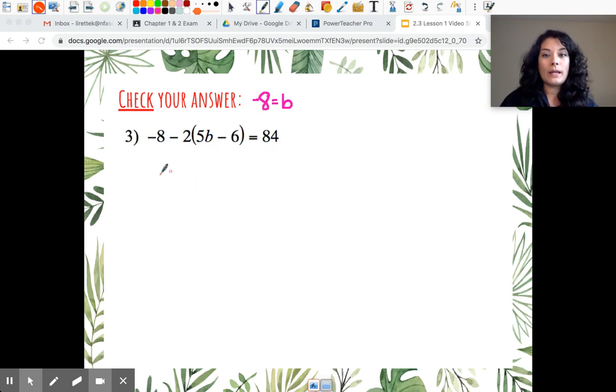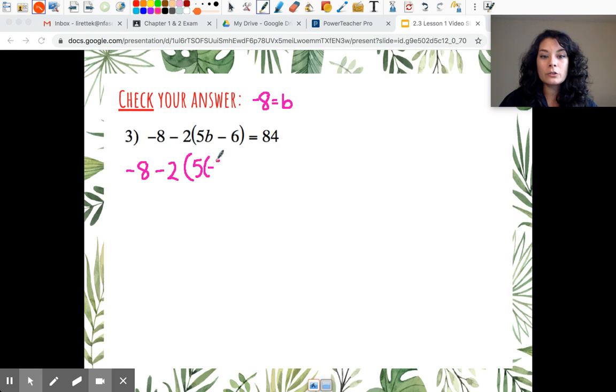Everything else is going to remain exactly the same. So it's still going to read negative 8 minus 2, open parentheses, 5. And now it's really important that I do use parentheses or at least some sort of multiplication symbol, right? I'm multiplying this 5 and this b together. That's what it means when a number touches a variable.